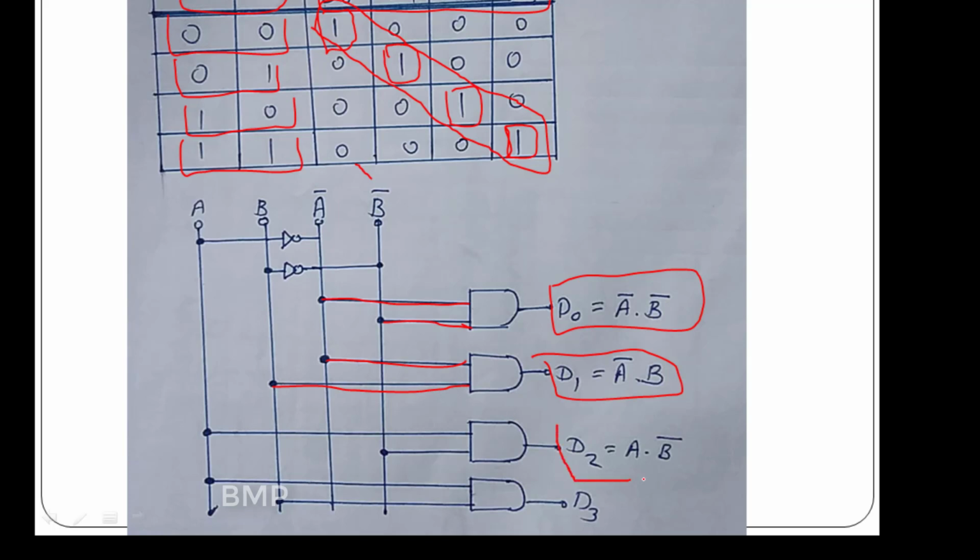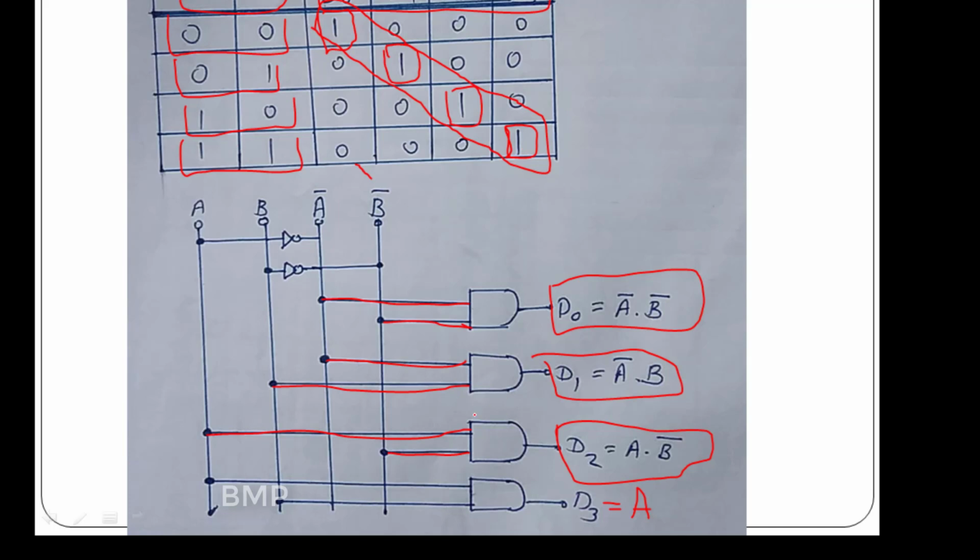Similarly for D2, the logical expression will be A dot B bar. So it is connected to A and B bar. And for D3, what will be the logical equation? Yes, for D3 our logical equation will be A dot B, as in D3 both the inputs are high.